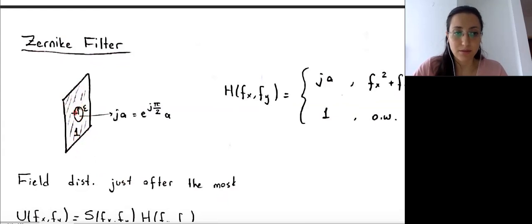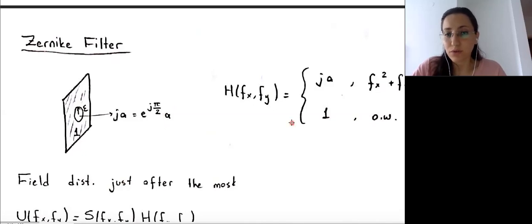And inside the circular support, we have a phase change on the field. We're just multiplying the field with j times a. That means we're changing the phase of the field that is passing through the circular region by pi over 2. You can think that we deposited a material here that will cause this much phase change on the wave, and let's say there is also an amplitude change by a as well.